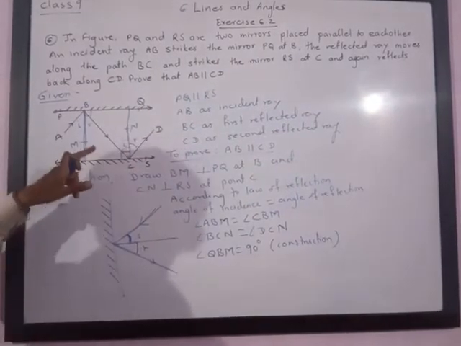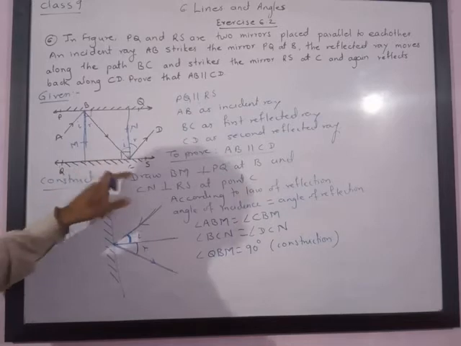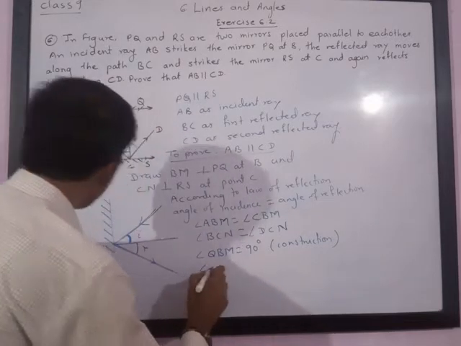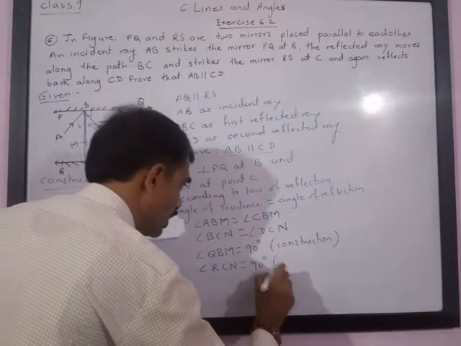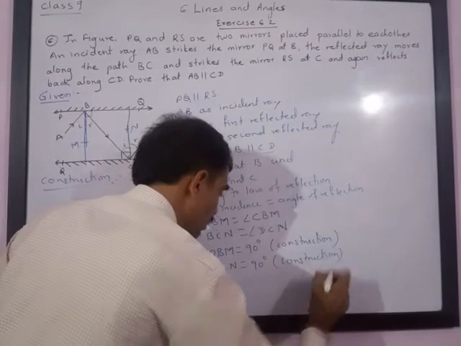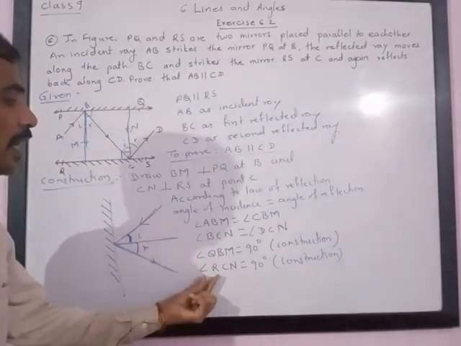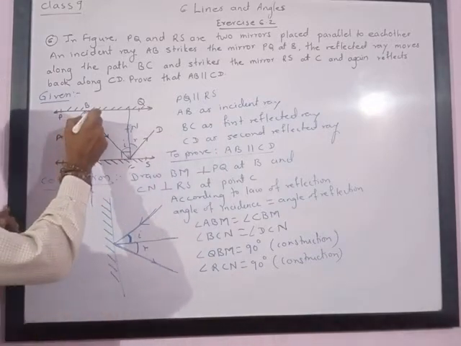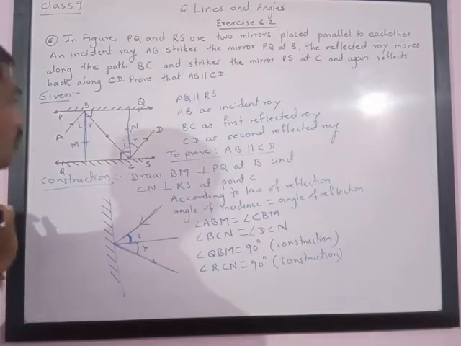Then angle RCN is also equal to 90 degrees. That is also our construction. We have constructed two perpendiculars. So both of these angles are 90 degrees, which means they are equal to each other.